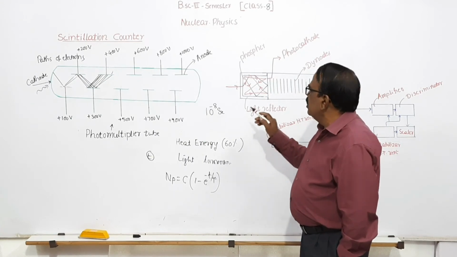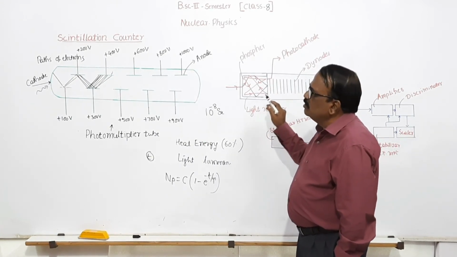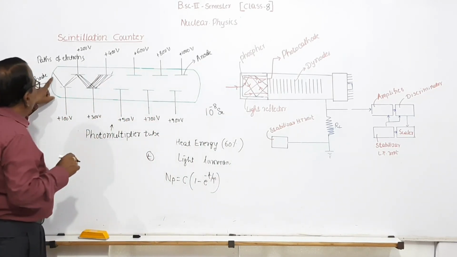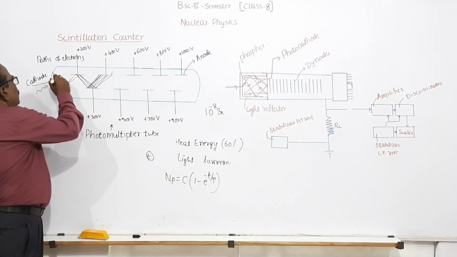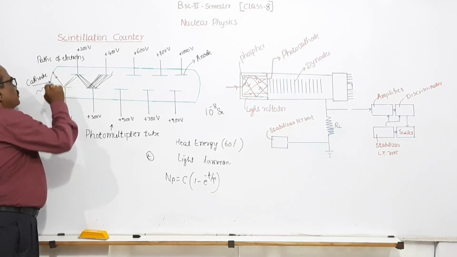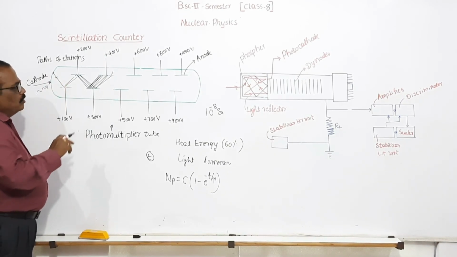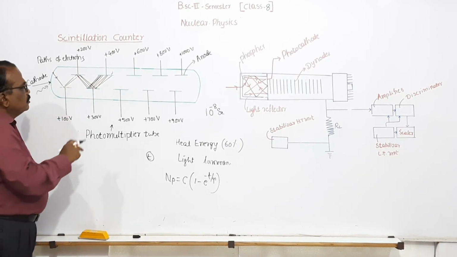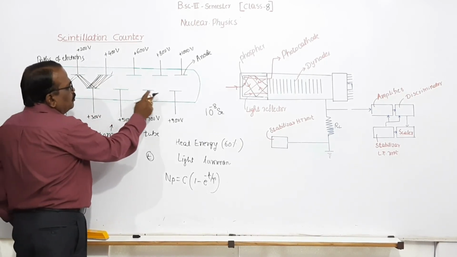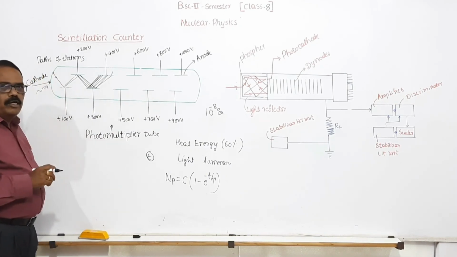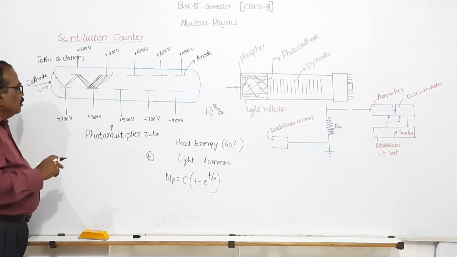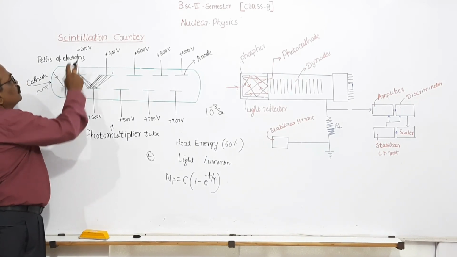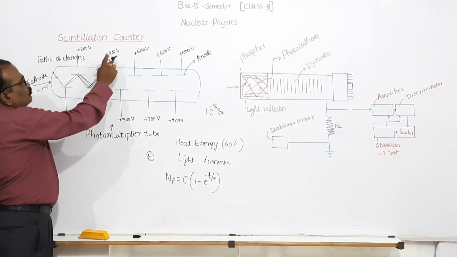So when the light photons enter the photomultiplier tube, photoemission takes place, meaning an electron is ejected. And you know that this photomultiplier tube consists of a number of electrodes. They are called dynodes. They are of increasing order of potentials, 100 volts, 200 volts, 300 volts, 400.